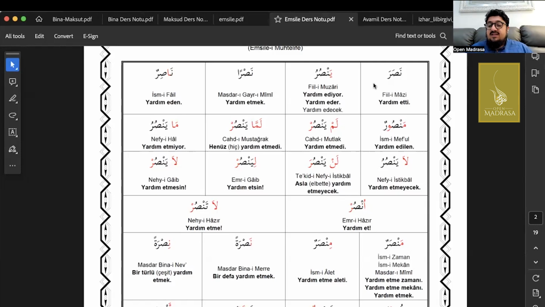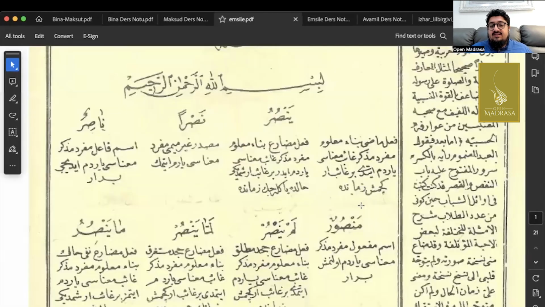فعل ماضي بناء معلوم. So what they've done, which is interesting, is this just says بناء معلوم, because there was a heavy influence of Persian on the Ottoman Turkish language. Now, in modern Turkish, there has obviously been a reduction in that, a type of renewal.